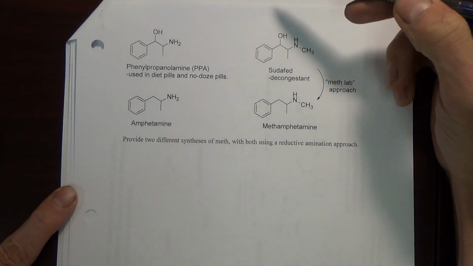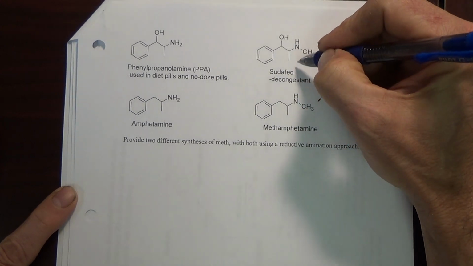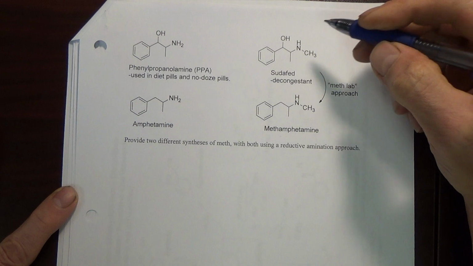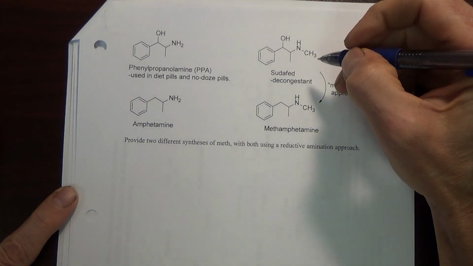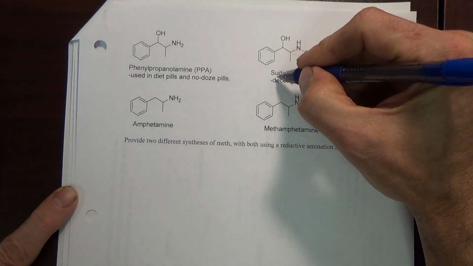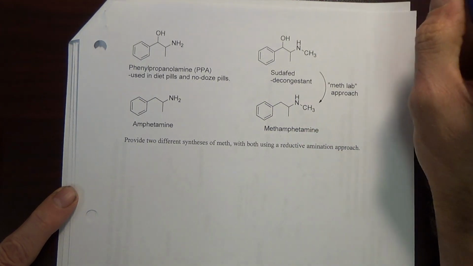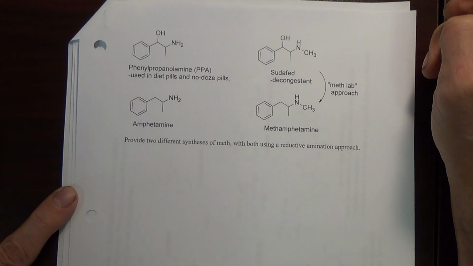Now you can actually do some garage chemistry and remove the OH group from Sudafed and make methamphetamine. And that's what some illegal amateur chemists try to do. Go to the drugstore, stock up on Sudafed, and then do this chemistry in their meth lab.